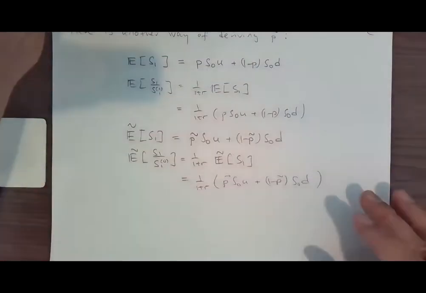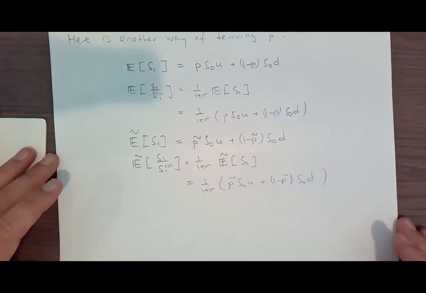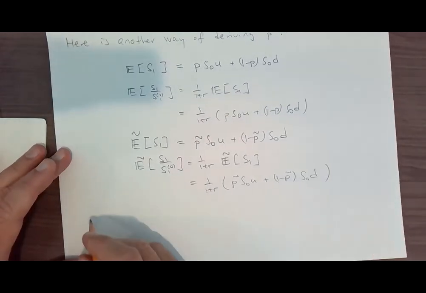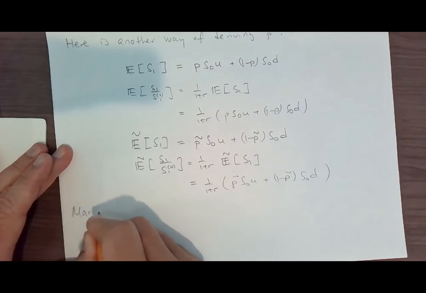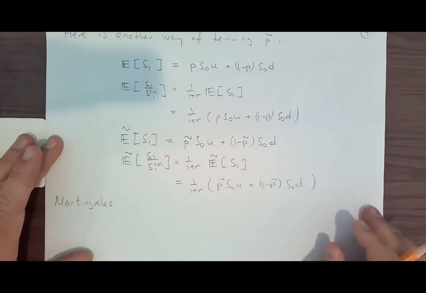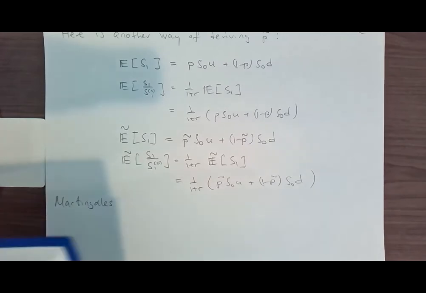Okay, so how else would we go about deriving this p tilde? I have these 4 expectations. The way that you can get your hands on p tilde is through what is called a martingale condition. So martingales, this is something that we have not talked about in this class, and I'm not expecting you guys to know about martingales. We will spend quite some time talking about martingales.